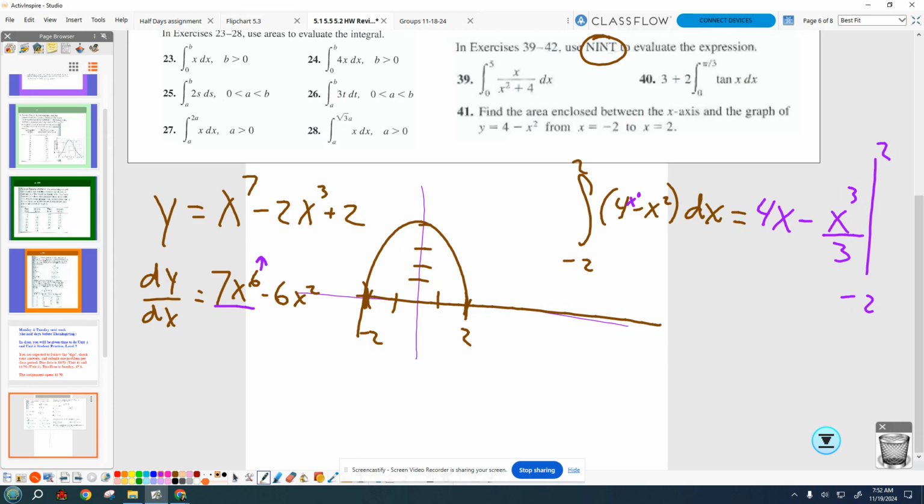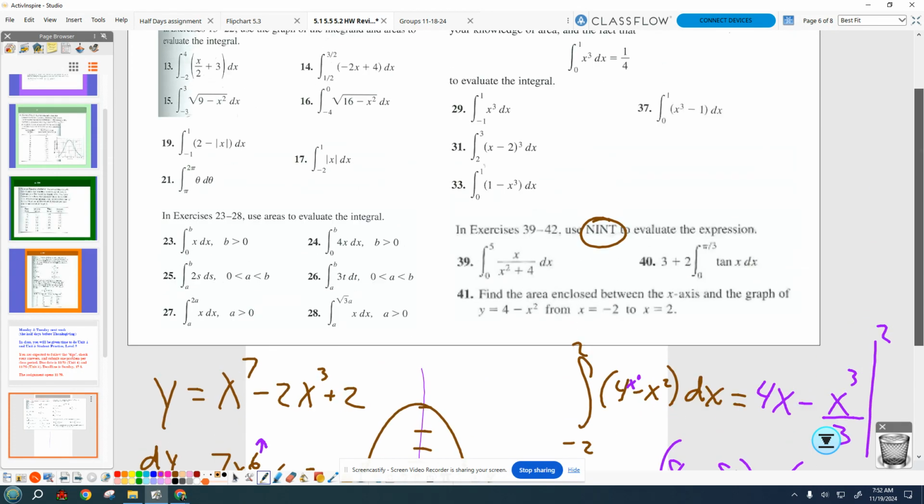So from 2 to -2. Thirds, something like that. But this was just asking you to type it in on a calculator and get your answer.